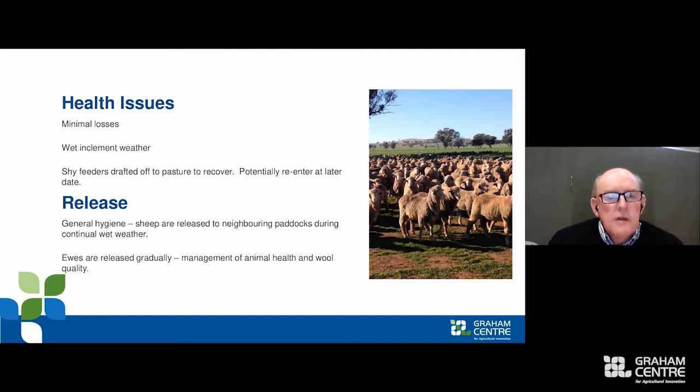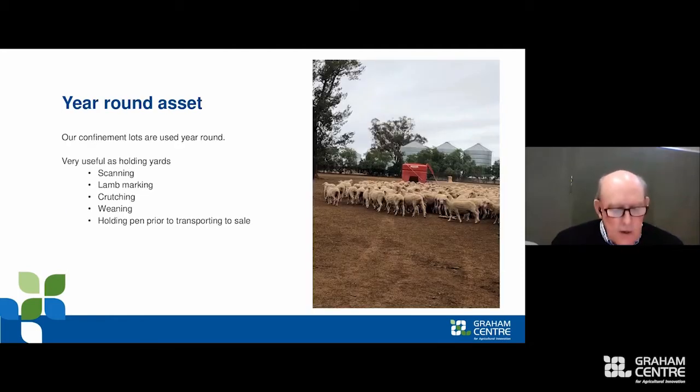Other uses for the confinement lots. Our second confinement lot, which is located next to a set of sheep yards, is invaluable to our sheep operation generally. Throughout the year, these confinement lots are used as holding pens for scanning, lamb marking, crutching, weaning, general sheep work, or a holding paddock prior to transport.